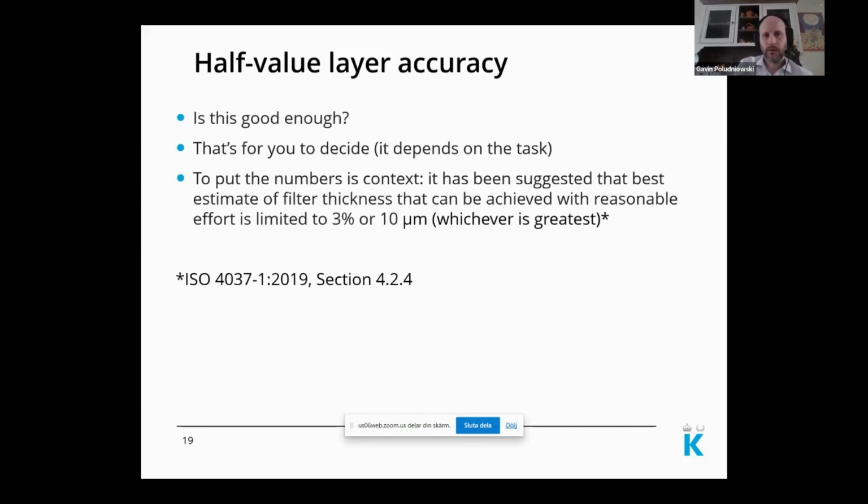To put this in context, it has been suggested that the best estimate of filter thickness that can be achieved with reasonable effort is limited to 3% of the filter thickness, or 10 microns, whichever is greatest.